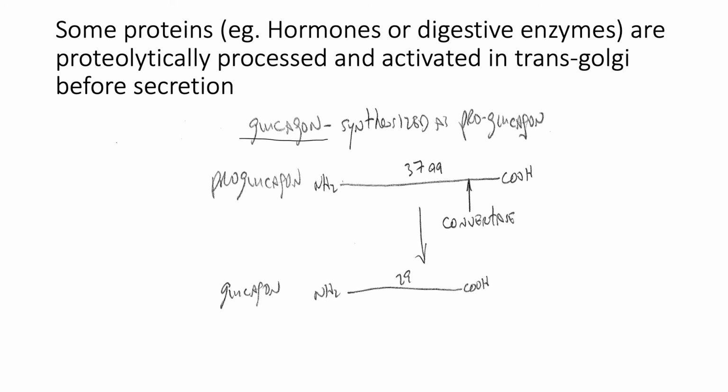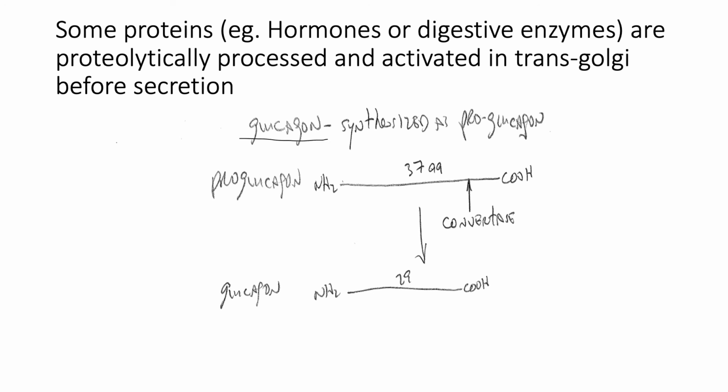It's proglucagon. And then there's an enzyme called convertase. Convertase is an enzyme that exists in the trans Golgi. So this, again, would be an example of a protein, convertase, which as it started out, had an ER signal sequence. That's how it got in there. But it also had a trans Golgi retention sequence. But in any case, the convertase has a very specific amino acid sequence that it cuts.